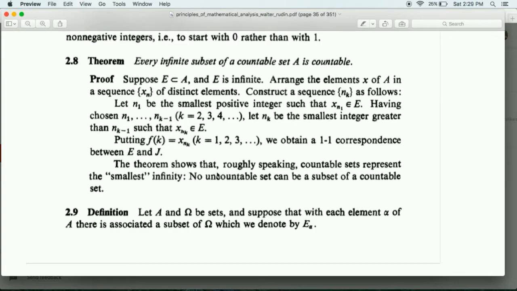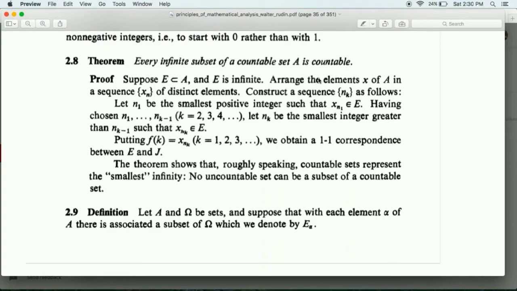There does not exist a smaller infinity than the countable sets. And no uncountable set can be a subset of a countable set by this theorem. So how do we prove it? Suppose we take E a subset of A where E is infinite and A is countable.